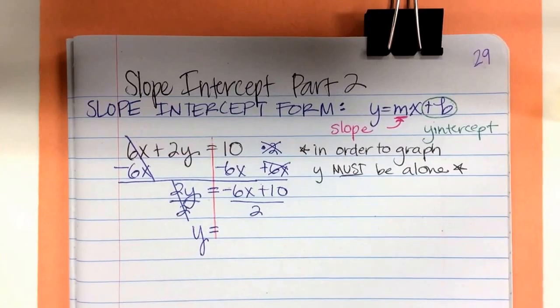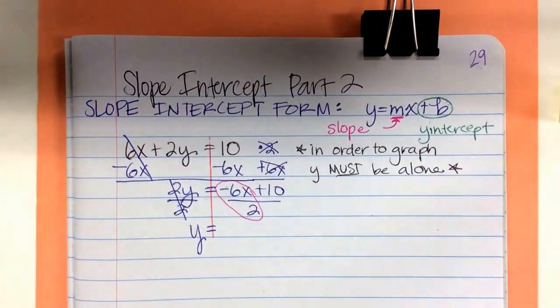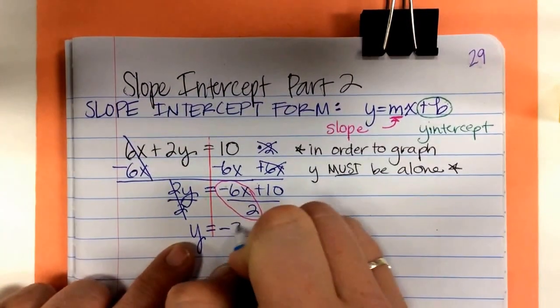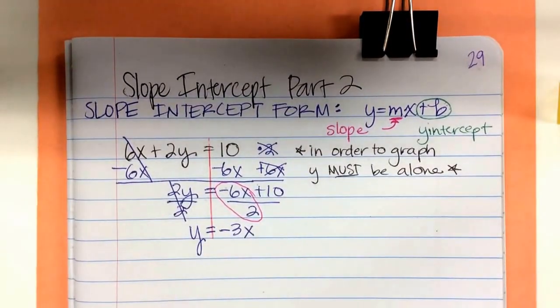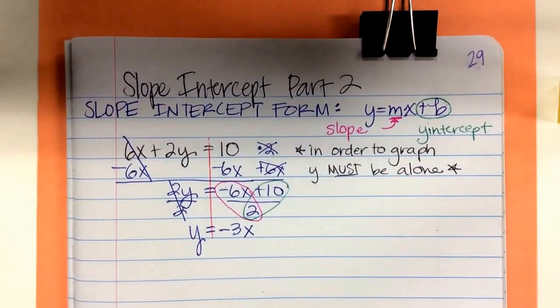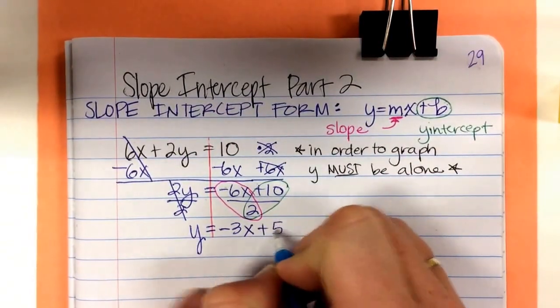This is that part that we really needed to work on. What's negative 6 divided by 2? Negative 3x. And what's positive 10 divided by 2? 5, so it's positive. Plus 5.